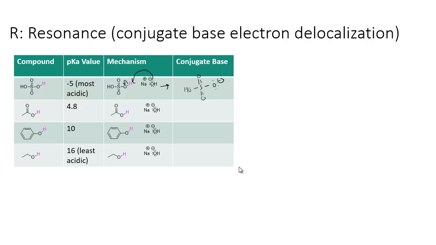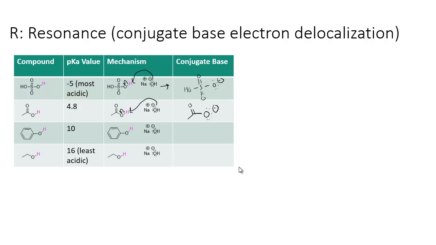If we deprotonate acetic acid, the electrons from our base attack and form a bond with that proton. These electrons will move to go to the oxygen atom, and we will form our conjugate base. This oxygen gained electrons, it now has a negative charge.